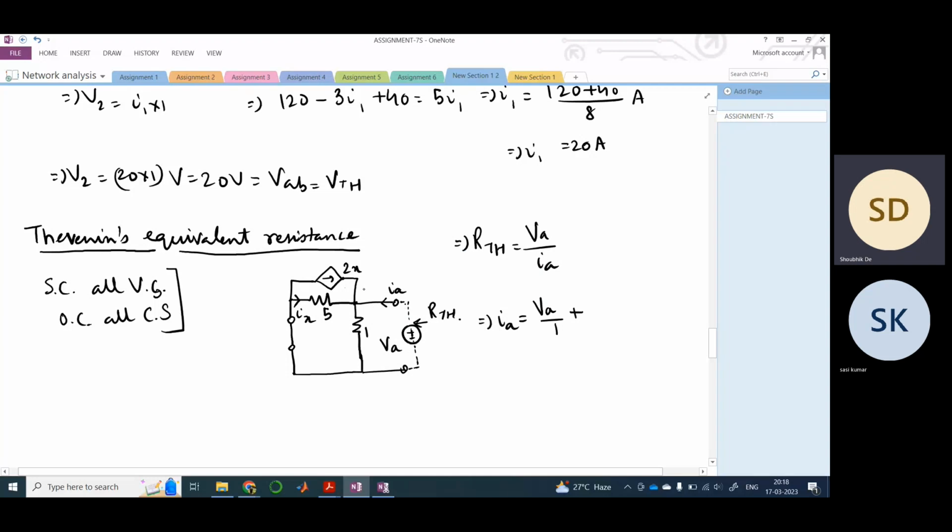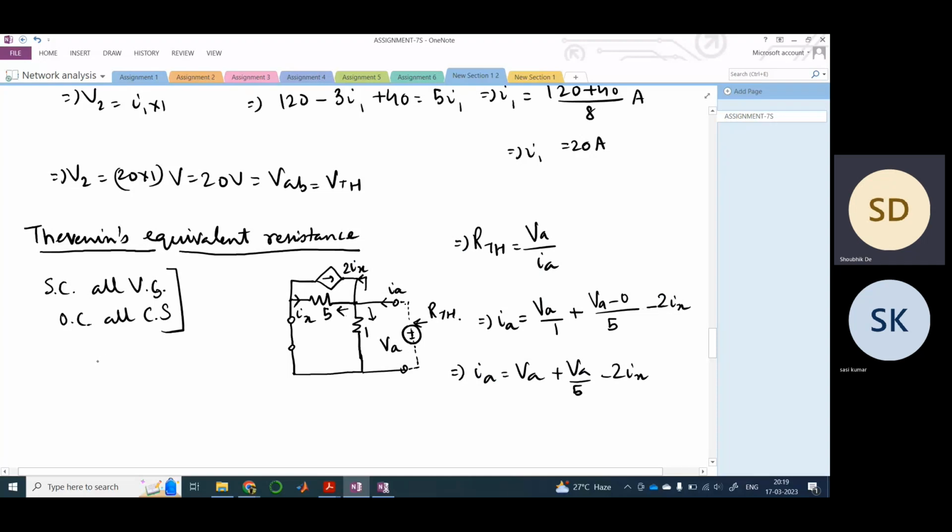So basically your IA will get divided into this, and this, right? So basically three paths. One is VA by 1, the other is VA minus 0 by 5, and the other is minus 2IX. So this would be 2IX, right? This would be 2IX. So it becomes VA plus VA by 5 minus 2IX.